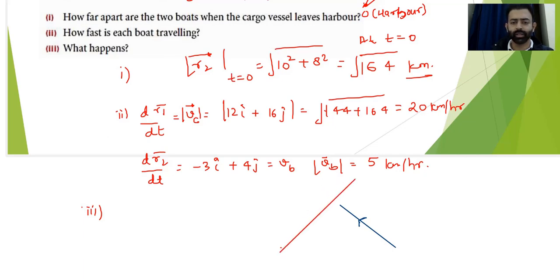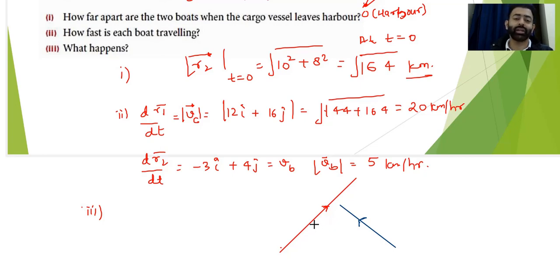So after some time, definitely they are going to meet, and we have to find out whether they will collide or not, right? Because they are crossing perpendicularly, right? So we will see whether there will be any time such that both of these will collide or not.